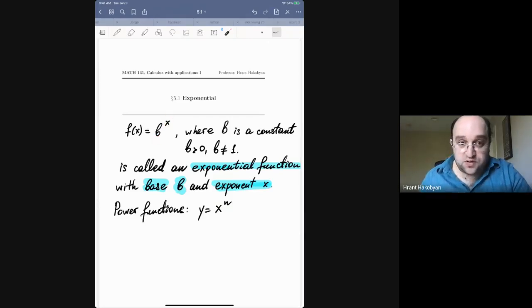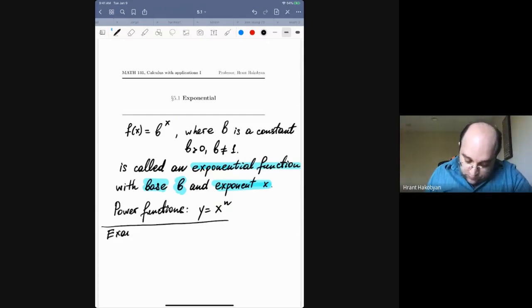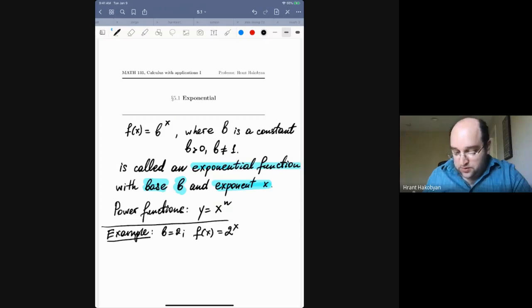That's the difference. Let me give you a couple of examples of exponential functions. Let's take b equals 2. Then I have f(x) equals 2 to the power x. That's an example of an exponential function with base equal to 2.